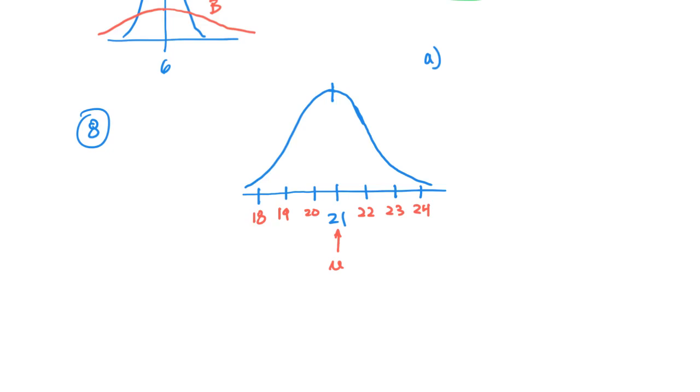Well, 19 is here, 2 standard deviations below. 23 is 2 standard deviations above. So 2 standard deviations below to 2 standard deviations above, that's 95%, right? So 95% of 1,000 would be about 950 chicks, right?